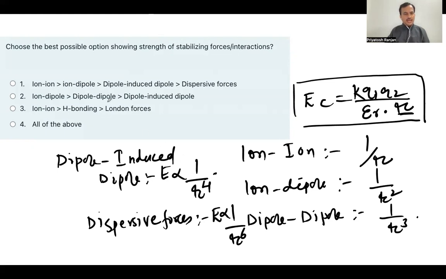So if I look at these trends, this seems to be right. How about here? This again seems to be right. If I compare the hydrogen bonding between the ion-ion and the London forces, remember hydrogen bonds are comparatively stronger than the London forces, but weaker than ion-ion. So again, this trend seems to be all right. So the correct answer is going to be all of the above.